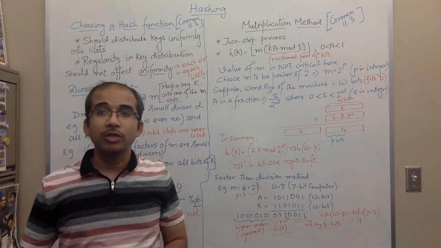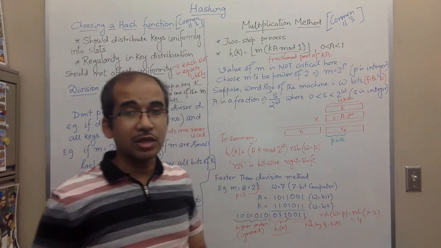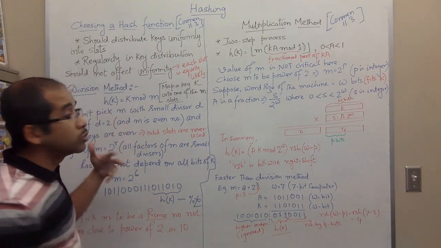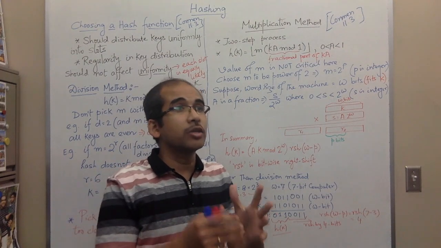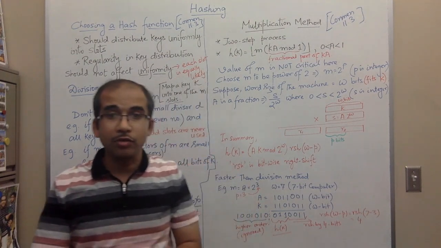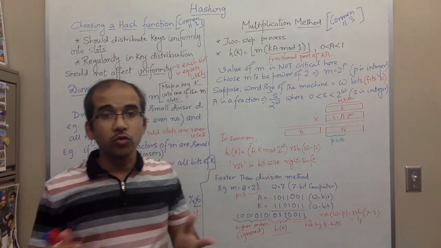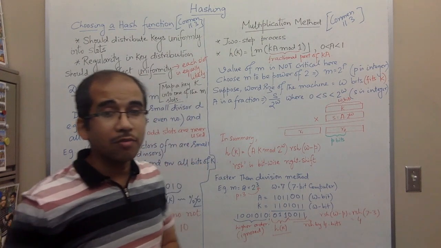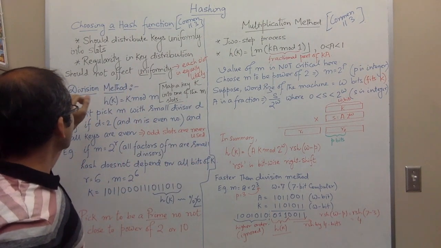But because most of the time we do not know the distribution of the incoming keys, we use heuristic strategies which give us something as close to simple uniform hashing as possible. There are two methods: one is the division method, one is the multiplication method. I'll talk about the division method.